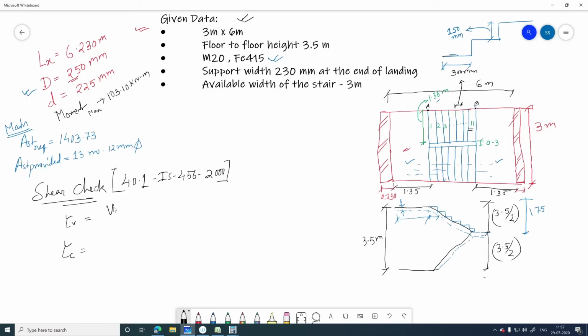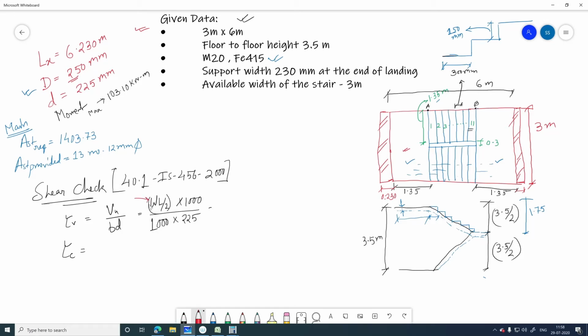So tau V is equal to Vu by Bd, and Vu is equal to WL by 2, and B is 1000 because we are considering per meter basis, into 225. The value of WL by 2 you get is in kilonewton, but here we provided the value in millimeter, so we need to multiply it by 1000 to convert it into Newton. So the result that we get is in Newton per millimeter square.